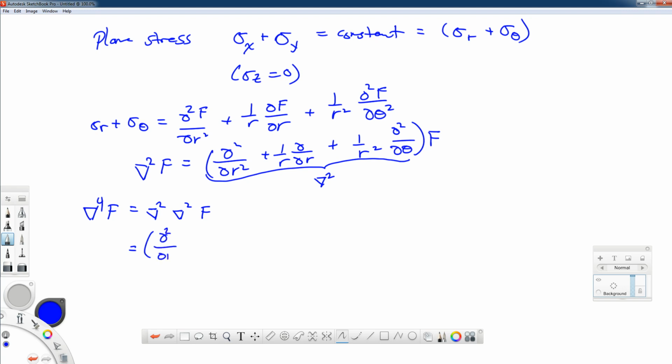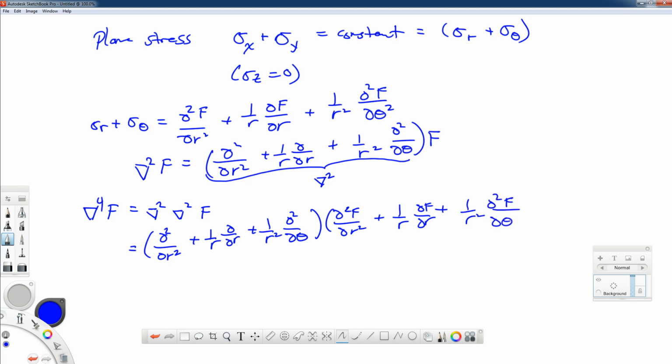It's the second partial with respect to r twice, plus 1 over r, partial with respect to r, plus 1 over r squared, second partial with respect to theta, and then operating on del squared f, second partial of f with respect to r twice, plus 1 over r, partial of f with respect to r, plus 1 over r squared, second partial of f with respect to theta twice.